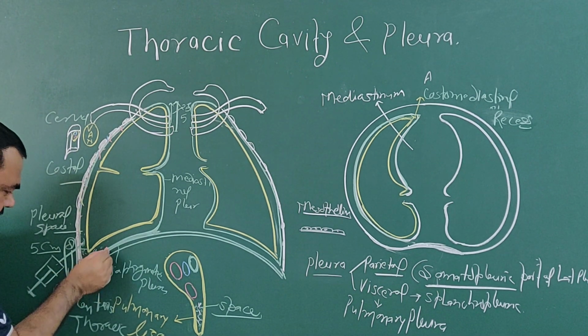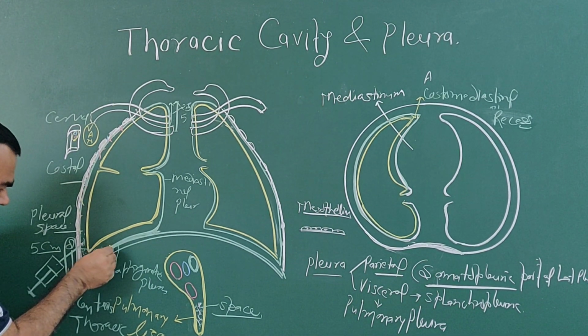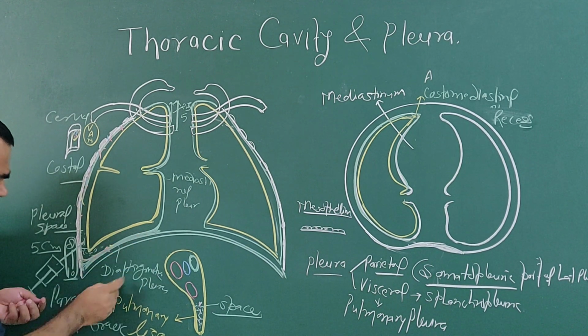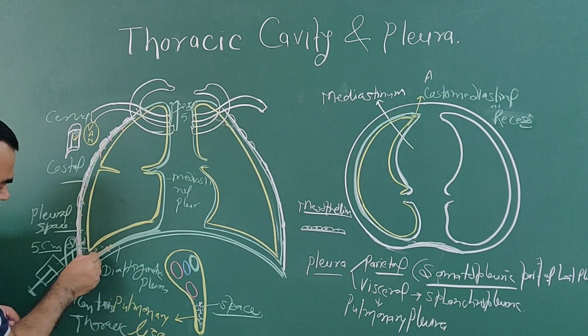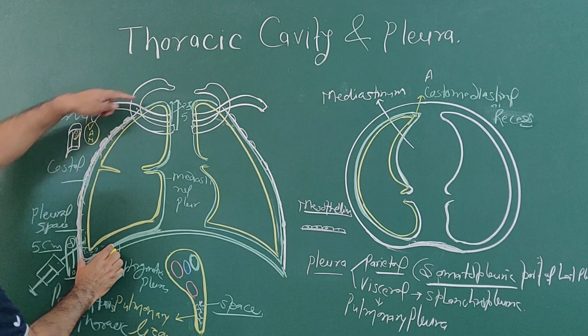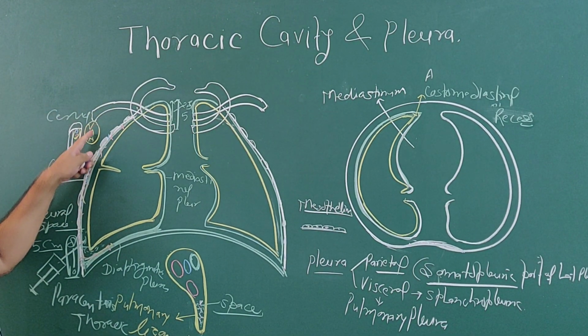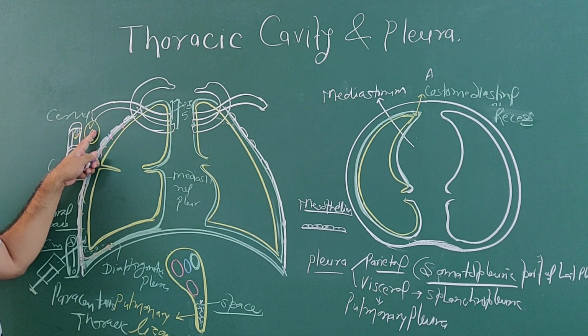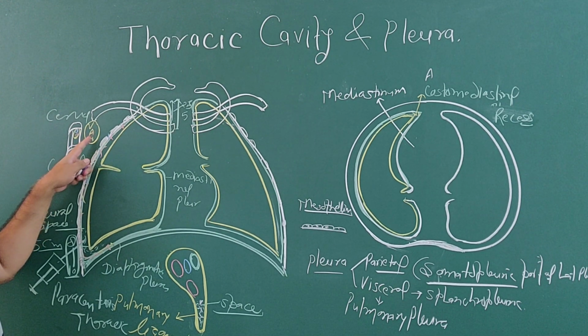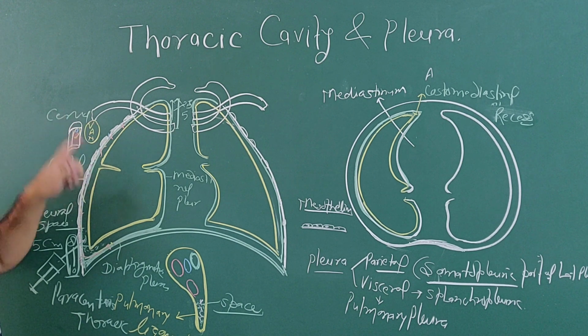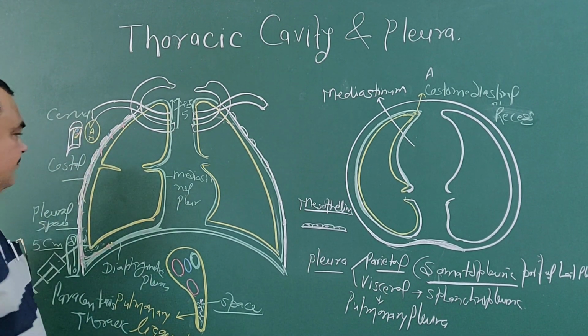And also to lateral half part of the diaphragmatic pleura up to this area. So this part and this part is supplied by VAN: intercostal vein, artery, and nerve.